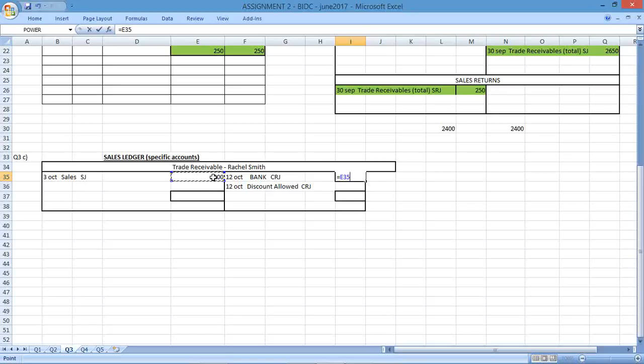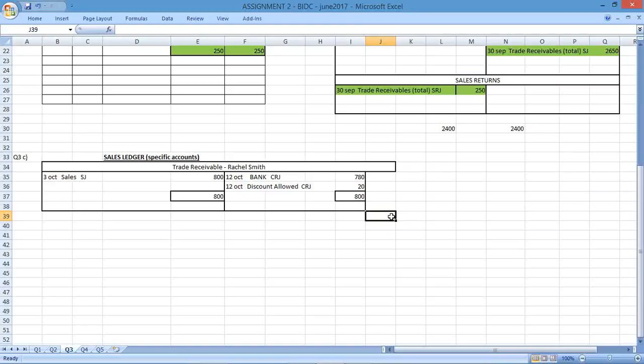So the receipt is going to be 800 minus 800 times 2.5%, that gives me 780. Then 800 times 2.5 divided by 100, which is 2.5%, is 20, and those two sides tally up because Rachel has paid off her account.